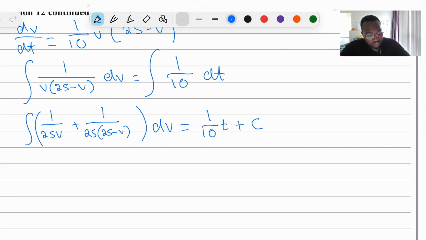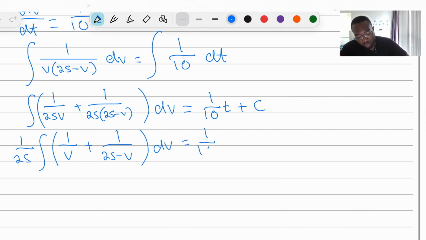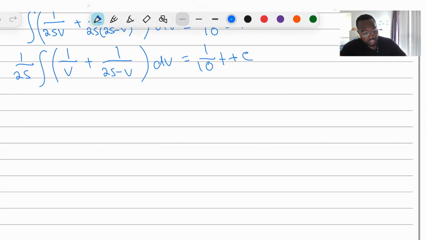And now let's integrate. Before we integrate, let's take out a factor of 1 over 25. So we get 1 over 25 times 1 over v plus 1 over 25 minus v, with respect to v, and that's equal to 1 over 10 t plus c. Integrating the left side now, we get 1 over 25, okay?